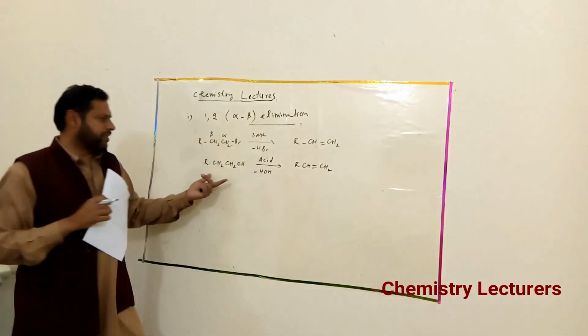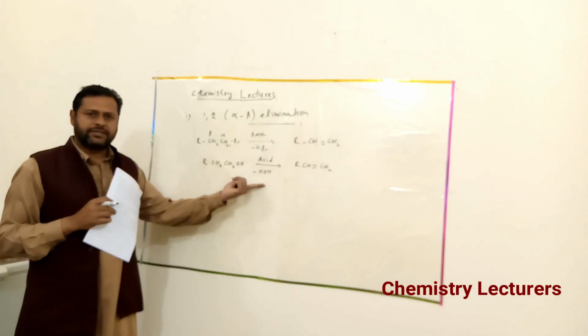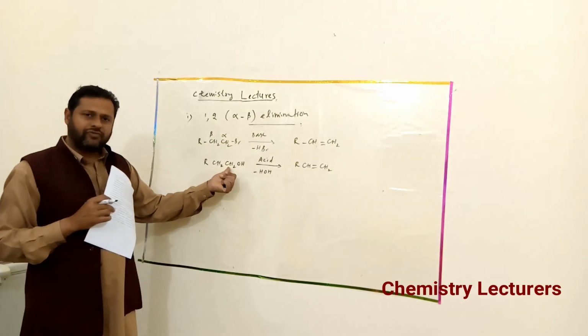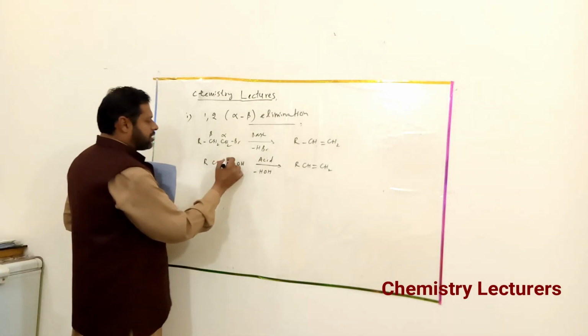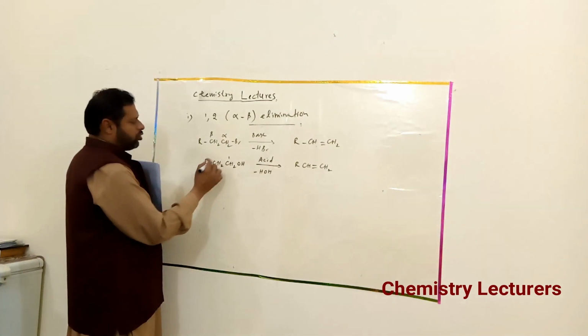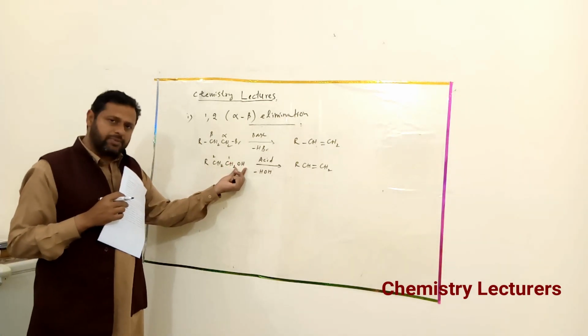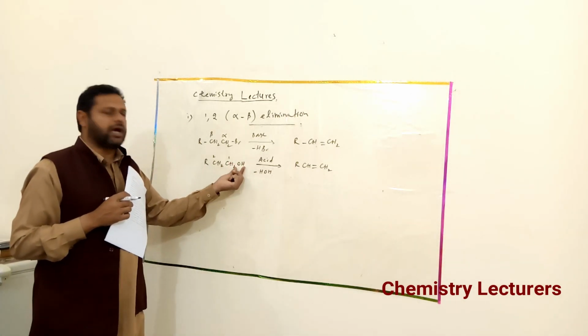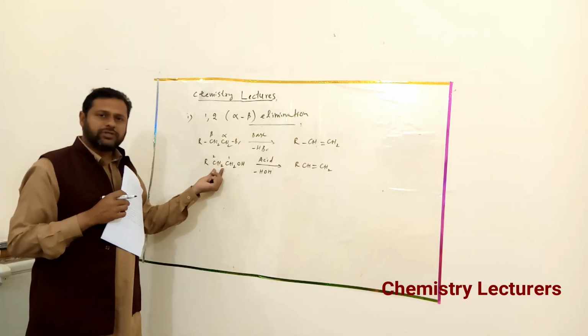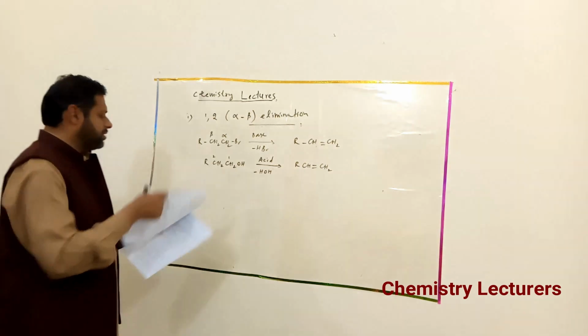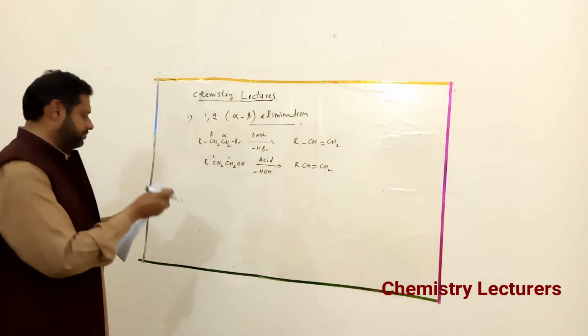In this case, when you treat an alcohol with an acid, the hydroxyl group is removed from the alpha carbon atom, or the 1 carbon atom, and the hydrogen is removed from the second carbon atom, or beta carbon atom. The carbon from which the nucleophile is removed is called the alpha carbon, and the carbon from which hydrogen is removed is called the beta carbon. Another example is the Hofmann degradation reaction.